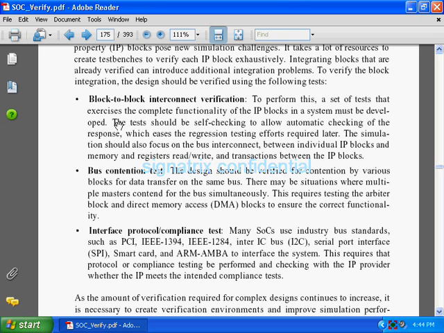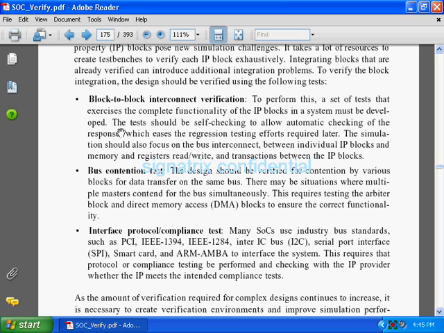So when you are performing block to block interconnect verification, you need to exercise the complete functionality of the IP block in a system that you have developed. The test should be self-checking to allow automatic checking of the response, which eases the regression testing efforts required later.